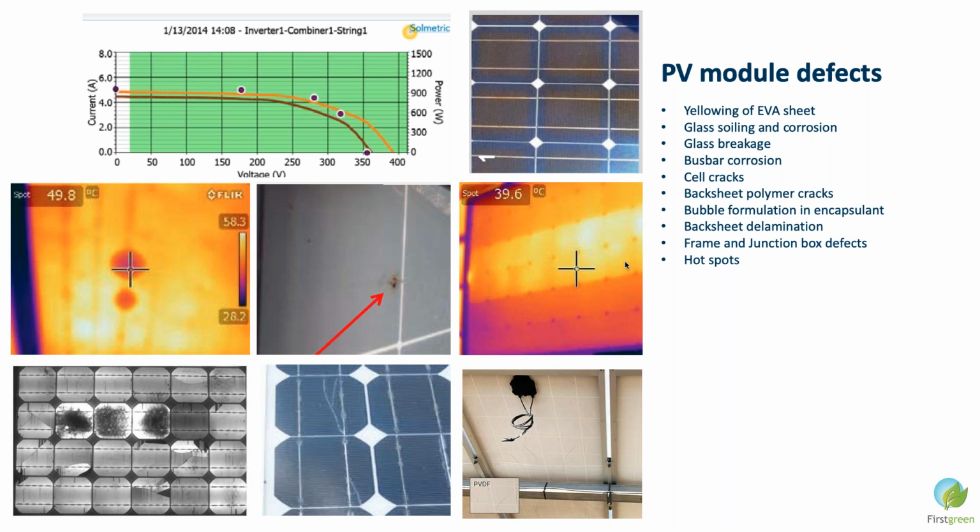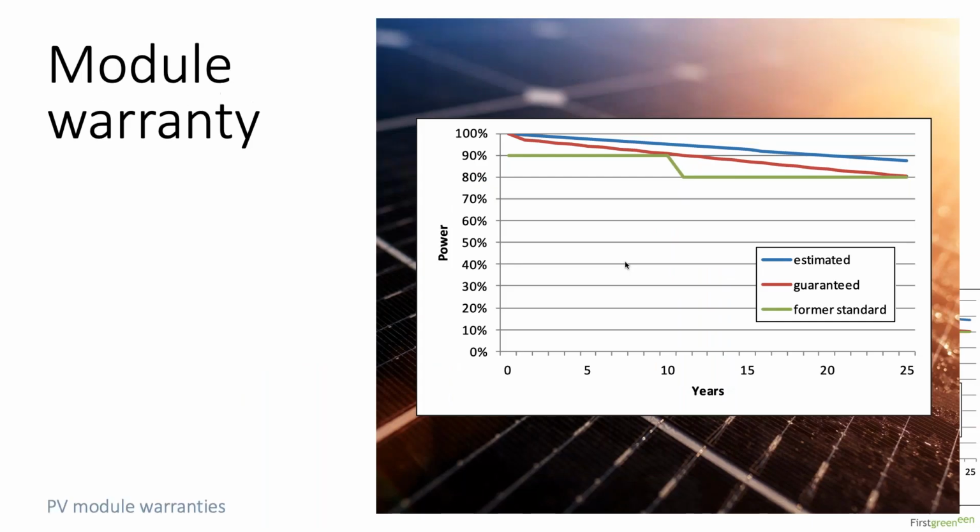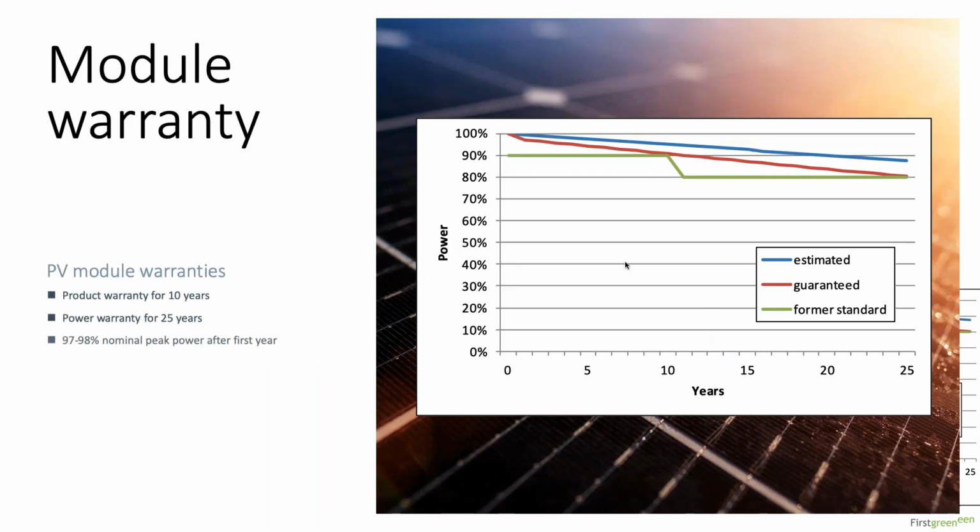I thought it is important to share this piece with you. At times, there has been a lot of knowledge gap between the module suppliers and the buyers. So what is that knowledge gap?